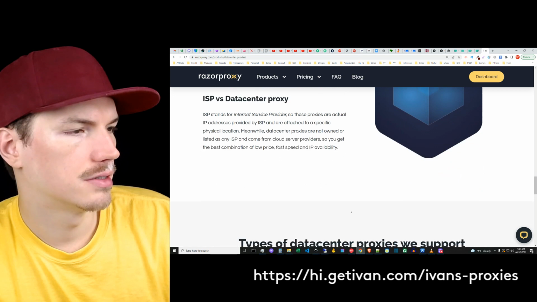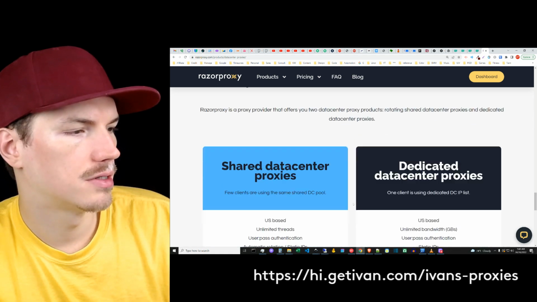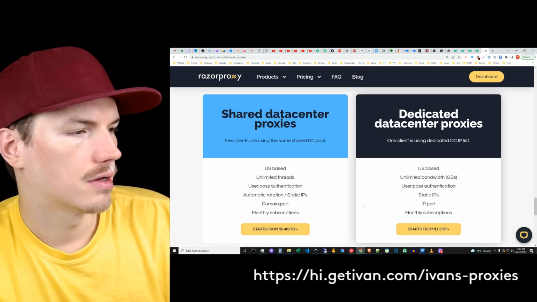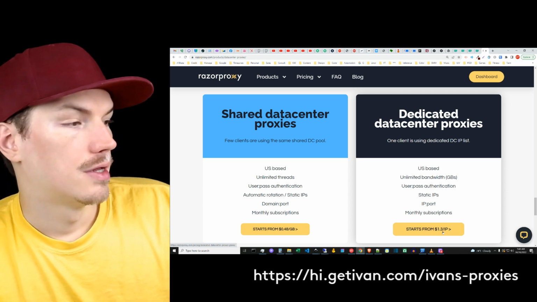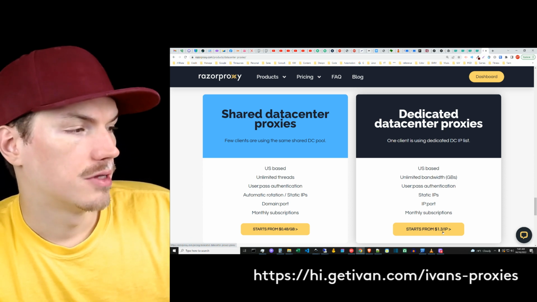Comparing ISP with this. Okay, here are some actual prices. This one's $1.30 an IP. That's cheaper than some of the other services I've been looking at recently.